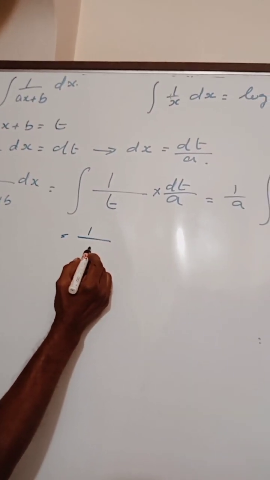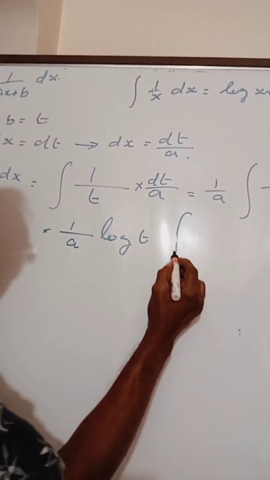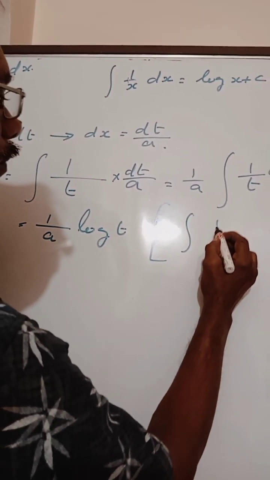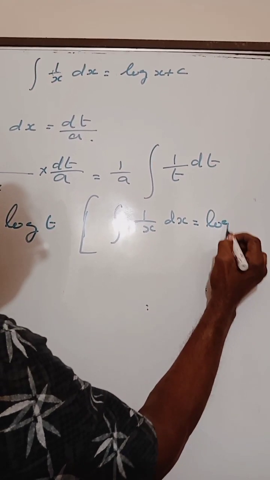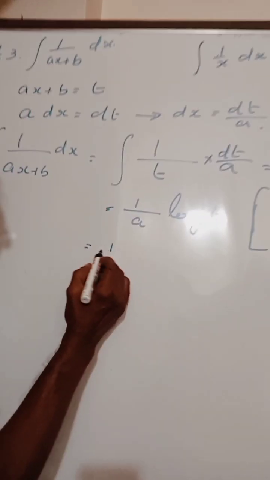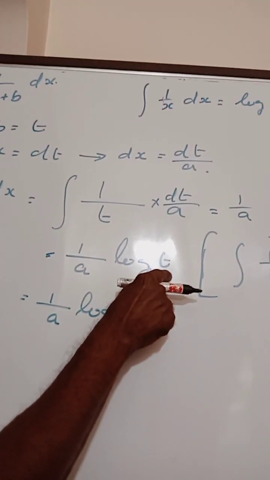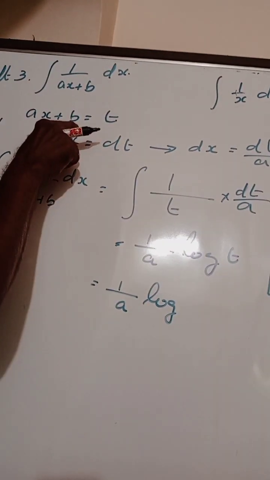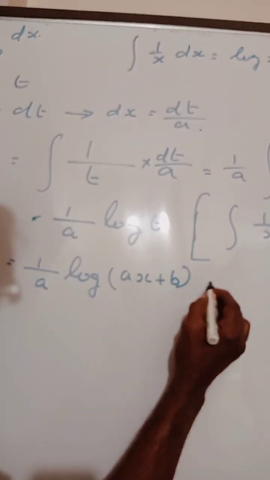This is equal to 1 by a into log t, since integration of 1 by x dx is equal to log x plus c. It is equal to 1 by a into log, replacing t by ax plus b, log of ax plus b plus c.